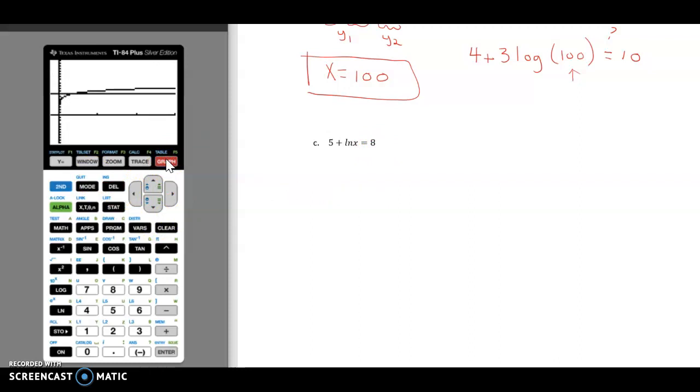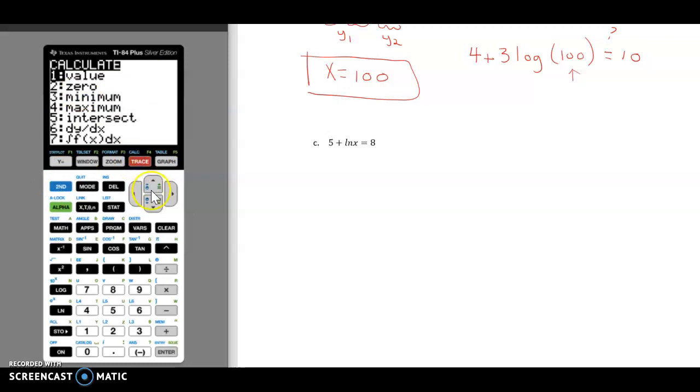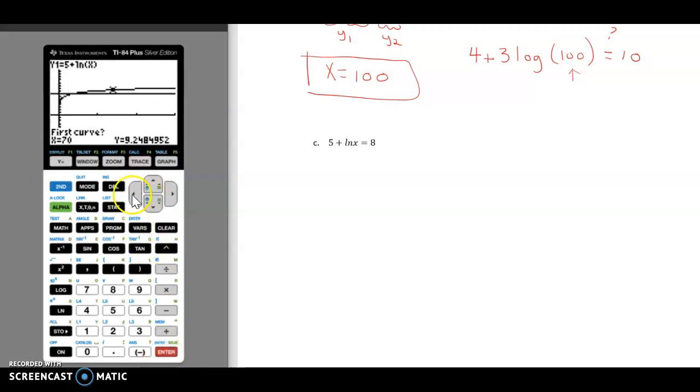And the window settings from the last problem actually work here. We can clearly see the intersection point where this horizontal line intersects with the graph of the logarithmic equation. And so no work on the window settings here. You can go straight to the intersect. And then I'm going to move my cursor a little bit closer. And I'm going to say, that's close enough.